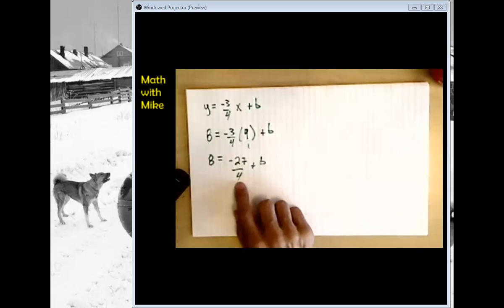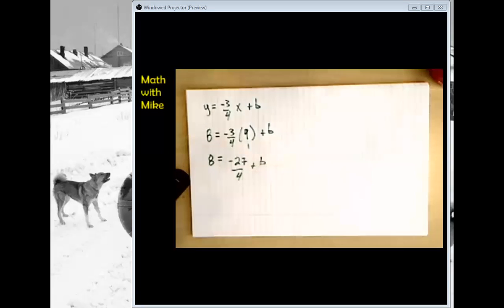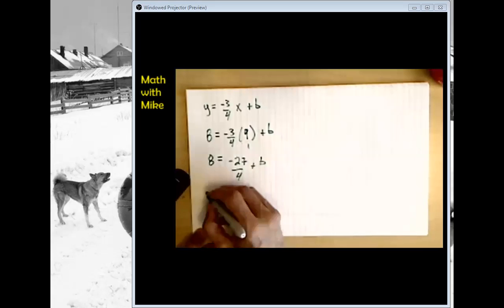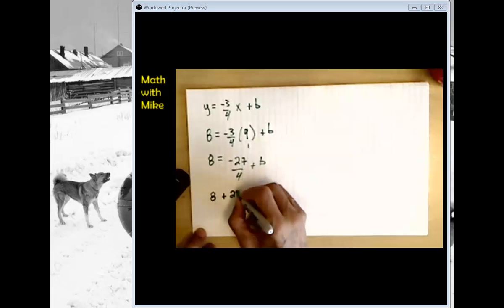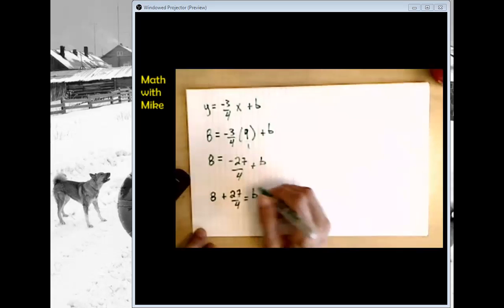Okay, so we got to get b by itself. We have to deal with fractions. We got to move that over. Okay, so let's move this to the other side first of all. That 8 is going to stay. This goes to the other side, so it's plus 27 over 4 equals b.